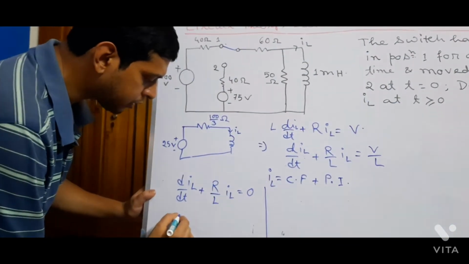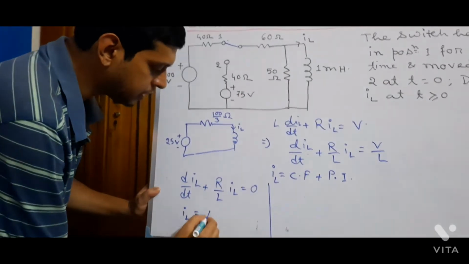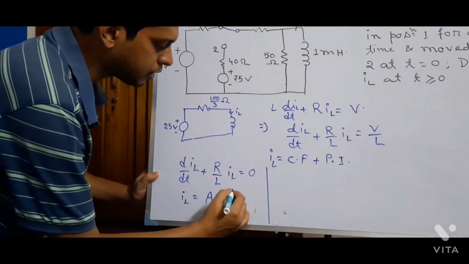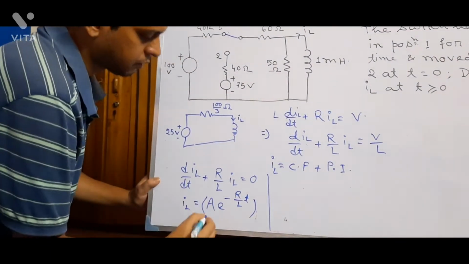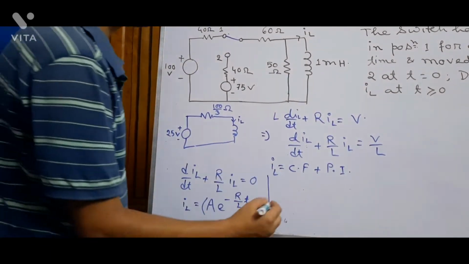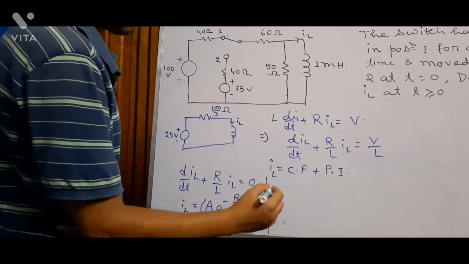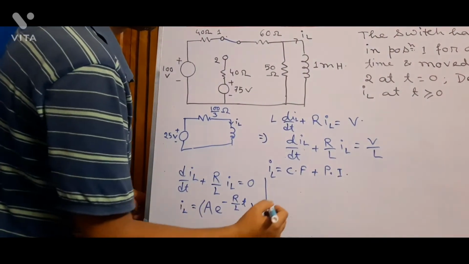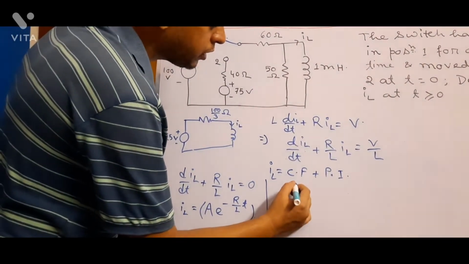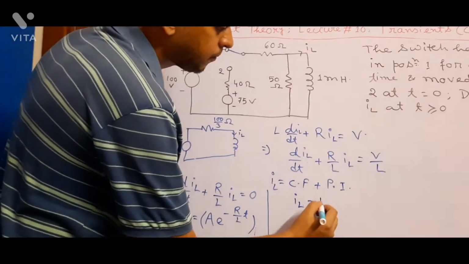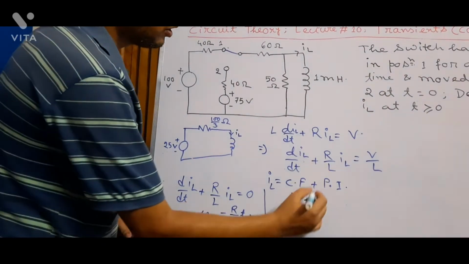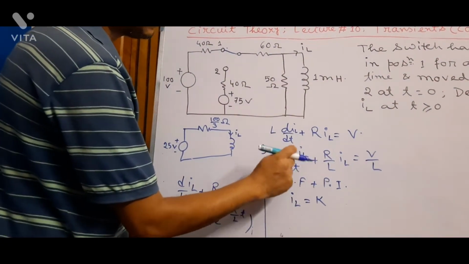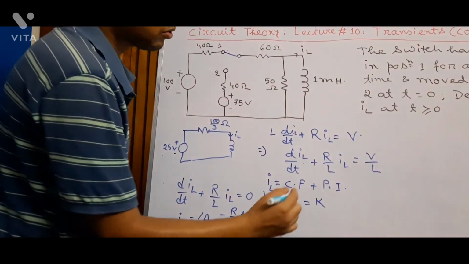And we know that IL is given by A e to the power minus R by L into t. Now for the particular integral, we can imagine IL equal to K. If IL equal to K, dIL/dt equals 0.